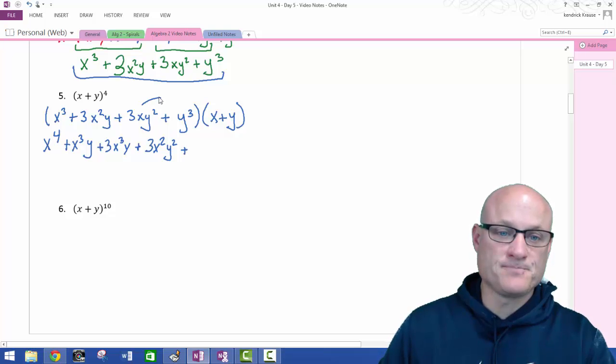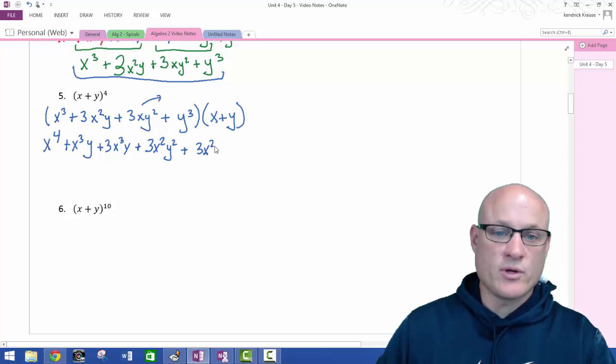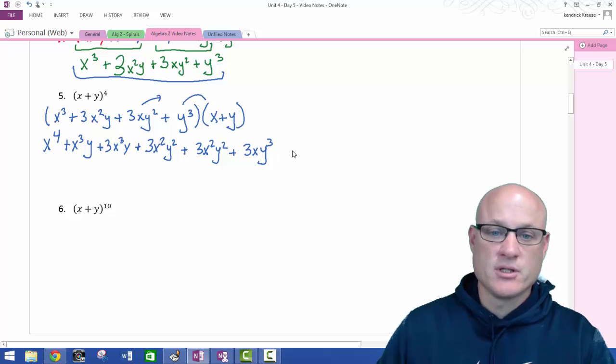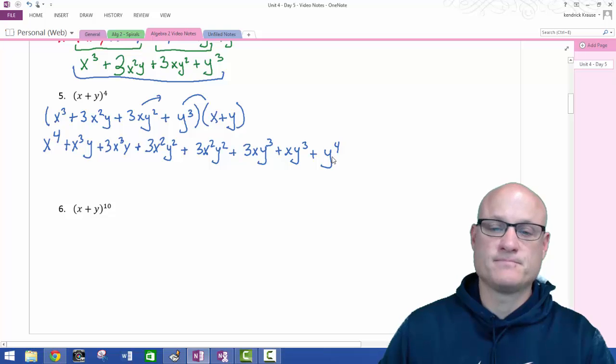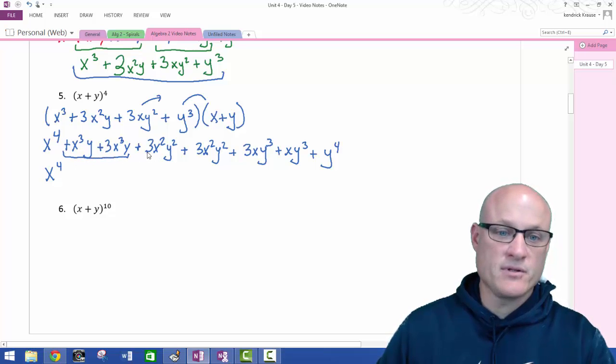now we're distributing this one, 3x squared y squared plus 3x y cubed. And finally, we're going to distribute this one. x y cubed plus y to the 4th. Now, if I clean all this up, which isn't too bad, these can be combined, these can be combined, these can be combined.